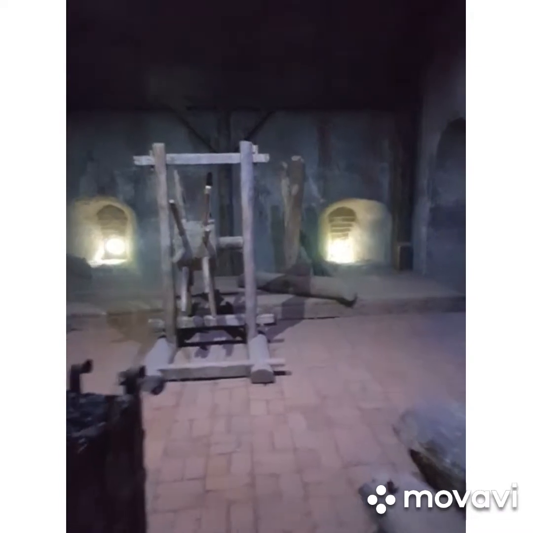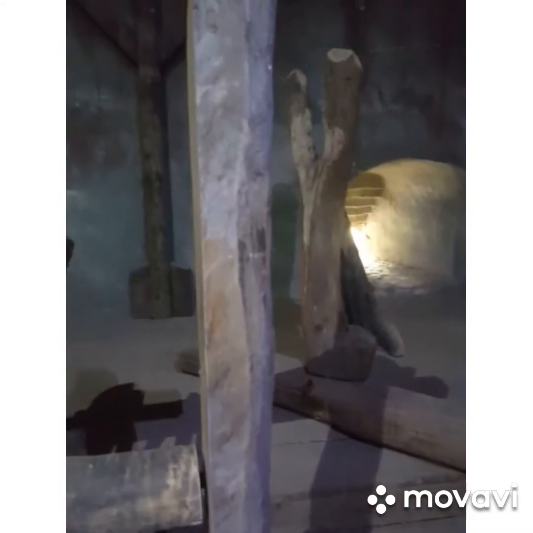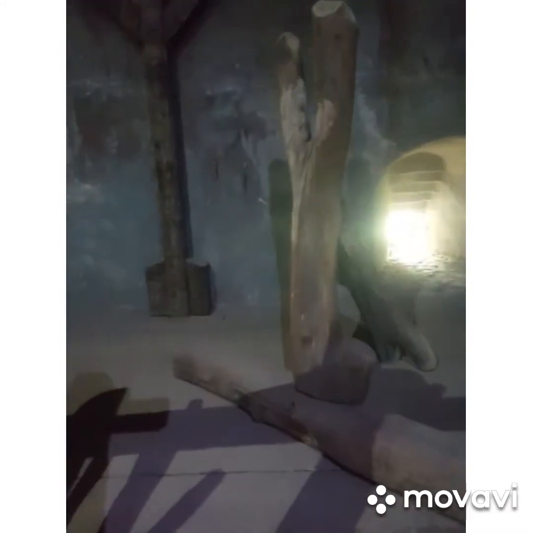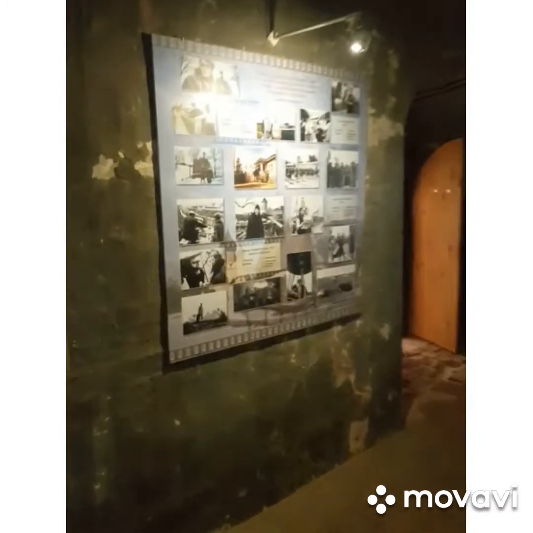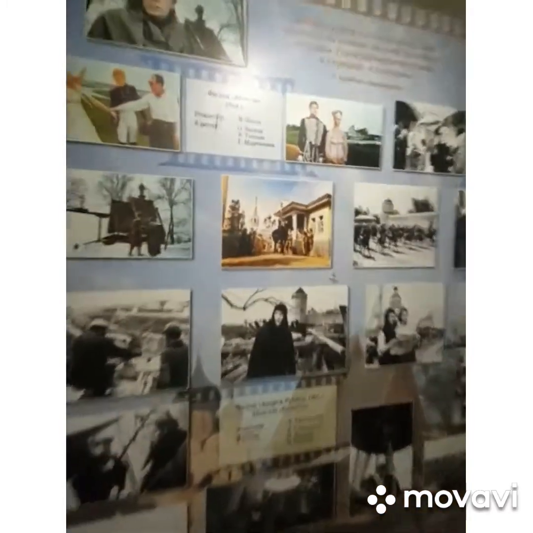As you can see the inside chamber, I think this is a gallows kind of place where people are sacrificed or killed. This movie was shot in this location.